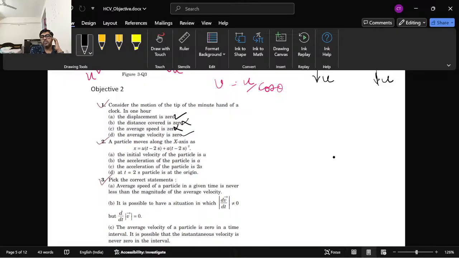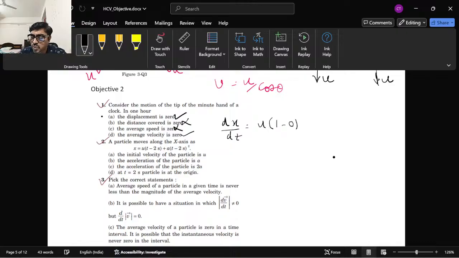A particle moves along the x-axis, and they have given some expression: x = ut + a(t - 2)^2. The initial velocity of the particle is u. So they are asking about velocity. First you differentiate with respect to time. dx/dt. Let's calculate first. u into t differentiation is u, the 2 differentiation is 0.